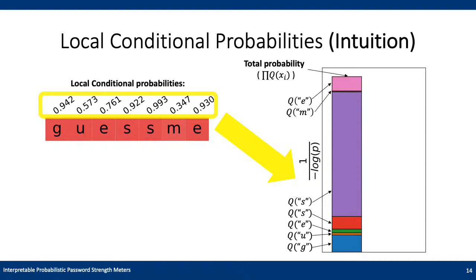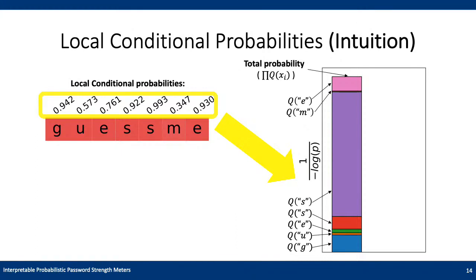Now, our meter bases on the intuition that these values of local conditional probabilities assigned to each character are very good descriptors of the relation between the password strength and its structure. The main intuition here is that those describe how the joint probability of the string distributes among all the characters composing the password. For the password guess me, this can be easily visualized on the plot on the right, where the contribute of each character is reported in consideration of the total probability of the password.